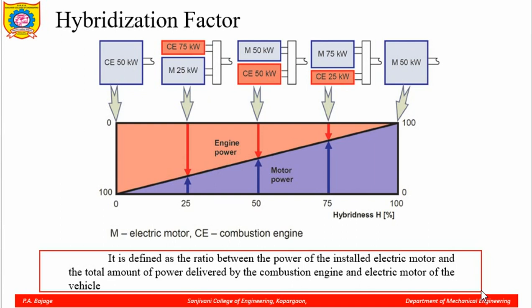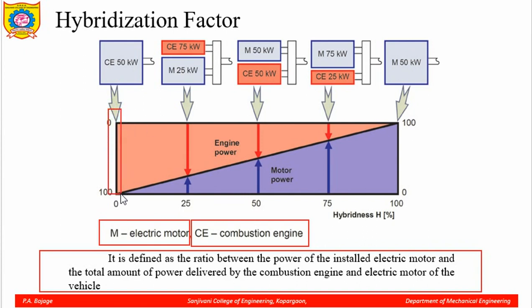So in this diagram it is clearly shown. You can see M is for motor, electric motor drive, and C is for conventional or combustion engine drive. So in the first case, this is a fully engine driven car. The second case, 25% of the power can be extracted from the electric motor and 75% from the IC engine.